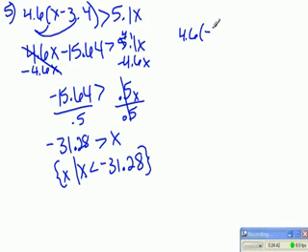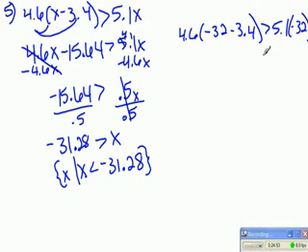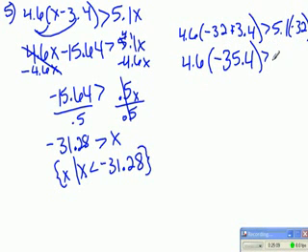So 4.6 times negative 32 minus 3.4 is greater than 5.1 times negative 32. So I replace my x's with negative 32. That's going to give me 4.6 times, this is plus a negative, so basically it's going to be a negative, and it's 32 plus 3.4 will be 35.4, greater than 5.1 times negative 32.